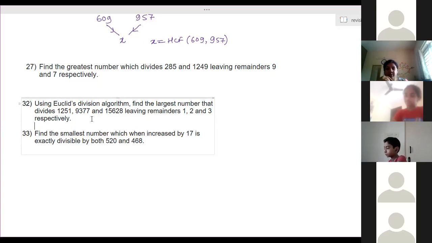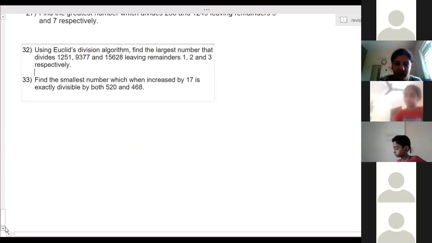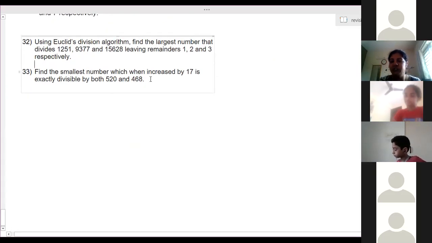Now, 33rd question. Find the smallest number which when increased by 17 is exactly divisible by both 520 and 468. A number which is divisible by both 520 and 468 is a HCF or LCM number?